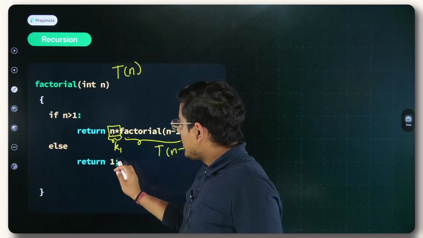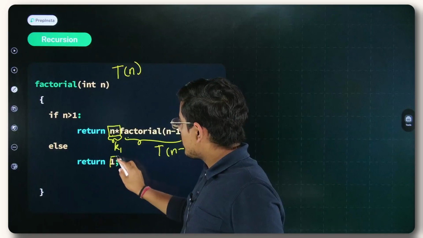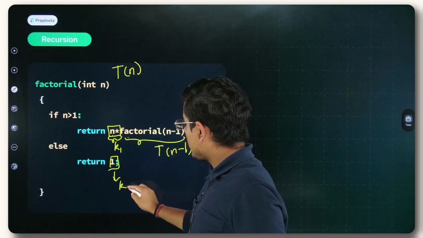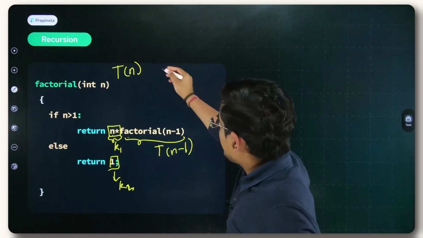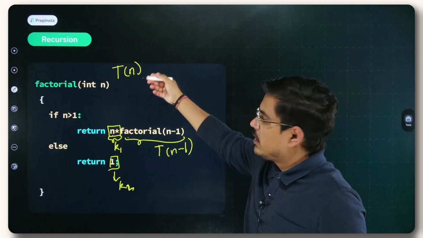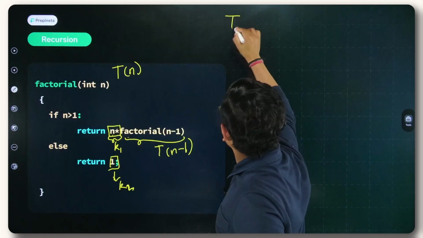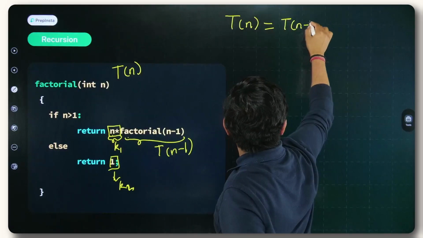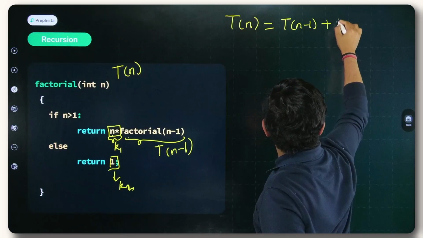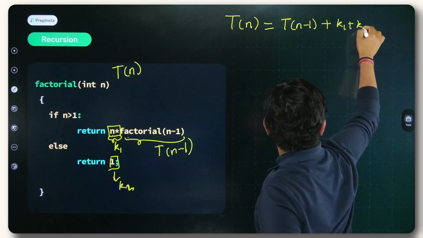Now returning 1 is another constant operation, so this would be solved in another constant time, say k2. Okay. So what if I add all of them, what does T of n become? T of n becomes T of n minus 1 plus k1 plus k2.